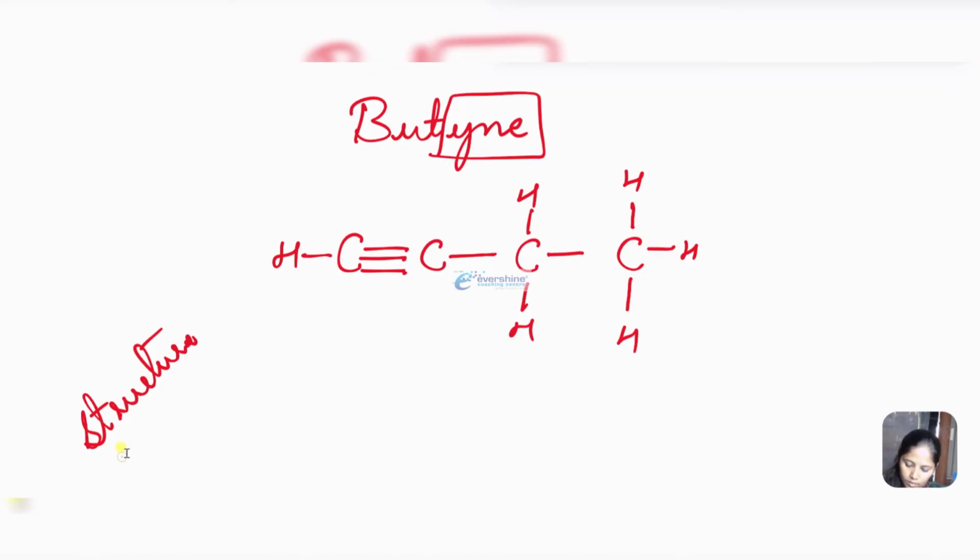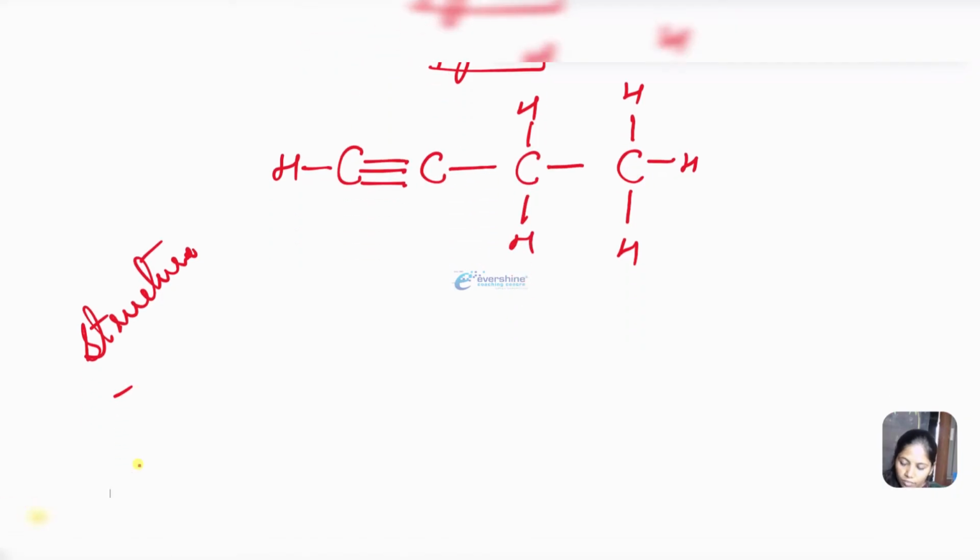Like this, they'll ask the structures of alkanes, alkenes and alkynes. They'll give the name, you need to write the structure. ANE single bond, ENE double bond, YNE triple bond. Meth, eth, prop, but, pent, hex, hept. You should remember the number of carbons.